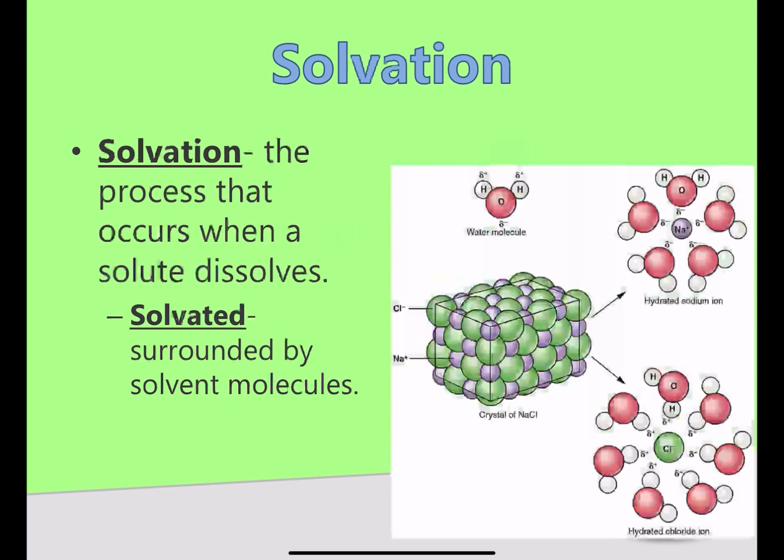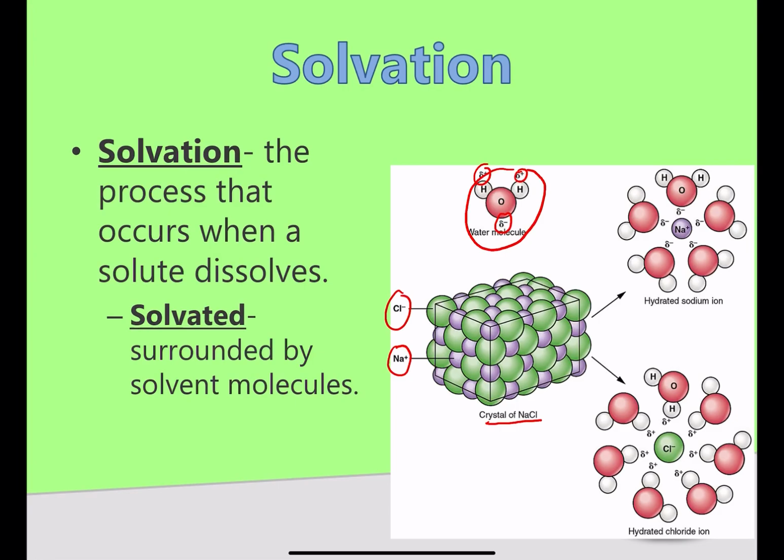And so what we see here, we've got our water molecule with the partial positive on the hydrogen and the partial negative on the oxygen. And this is a crystal of sodium chloride. Sodium chloride, or salt, is an ionic compound. You've got the metal sodium with the positive charge and the non-metal chlorine with the negative charge.